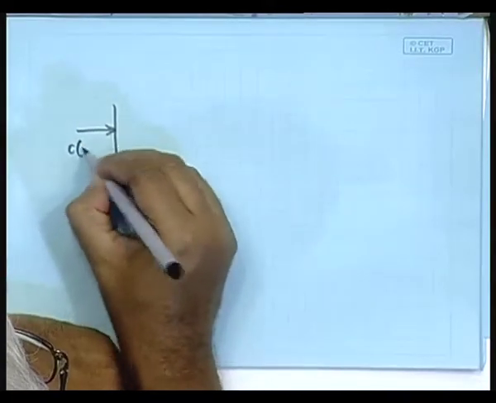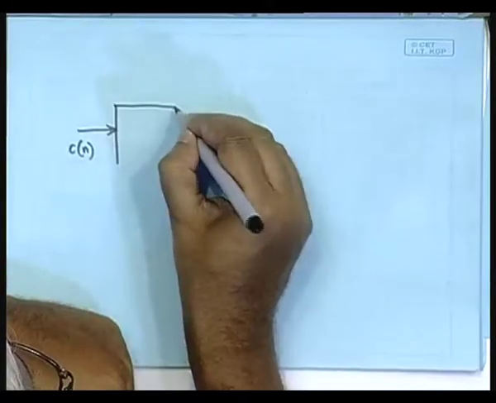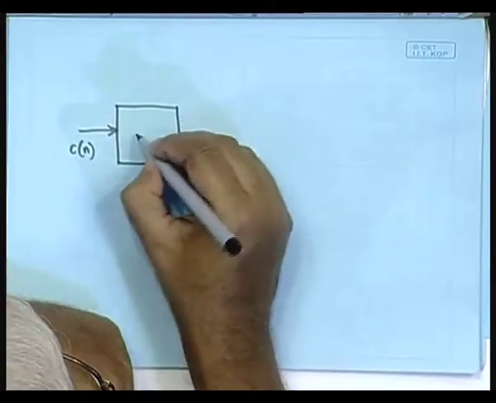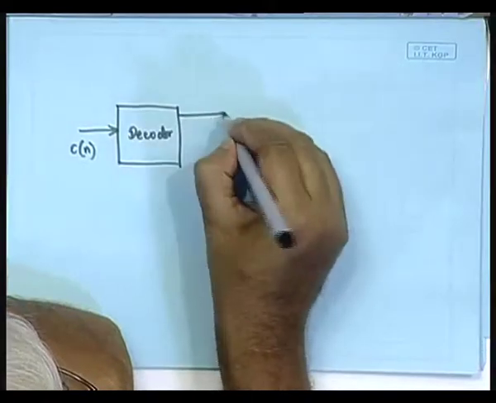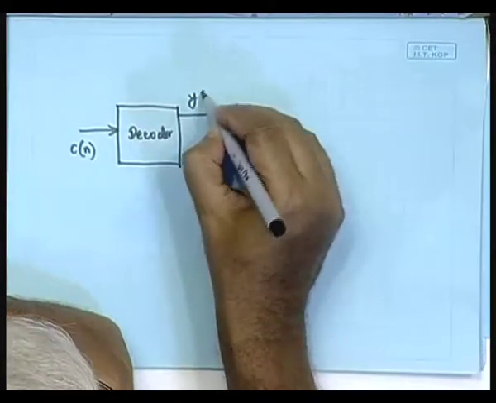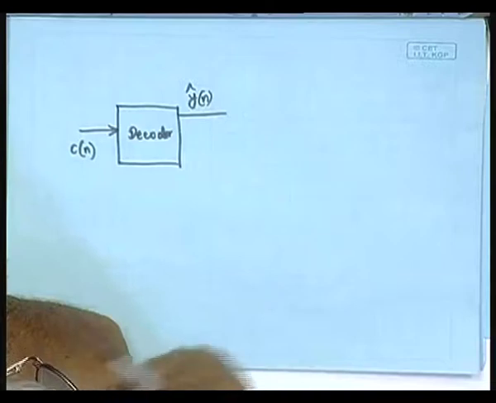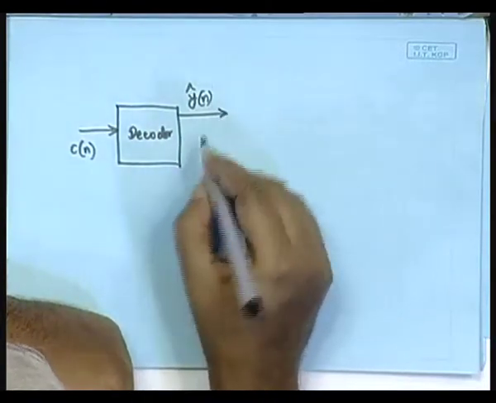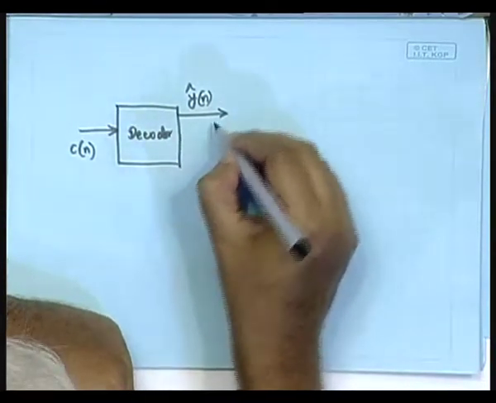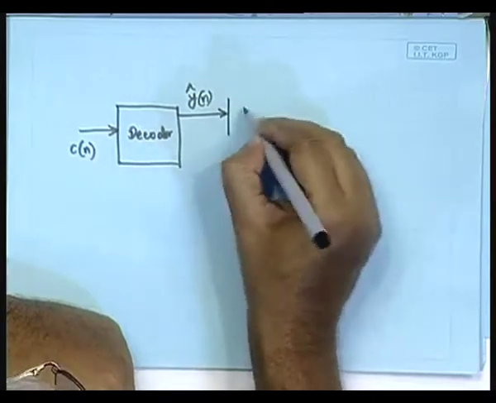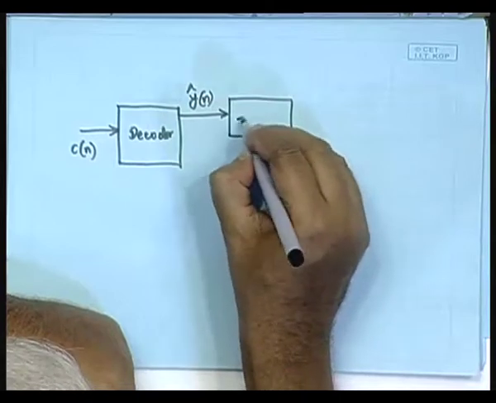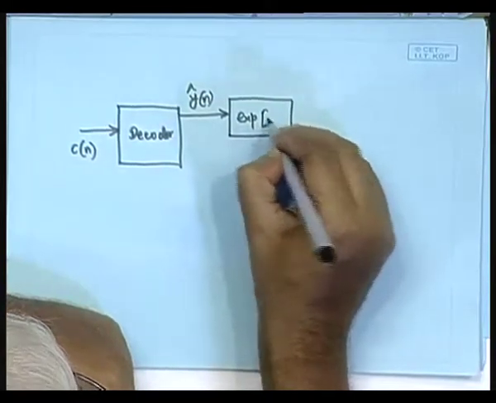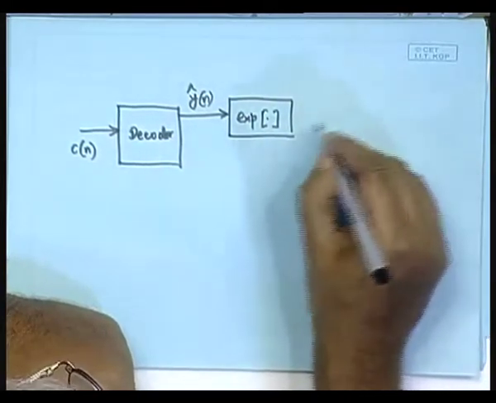So, the decoder block diagram can be shown here. This is C of n coming as an input. Here we have the decoder, then we have y of n, we write it as y cap of n, and then we have here the exponential, because you have taken the logarithm, you have to take the exponential just to get back the signal.